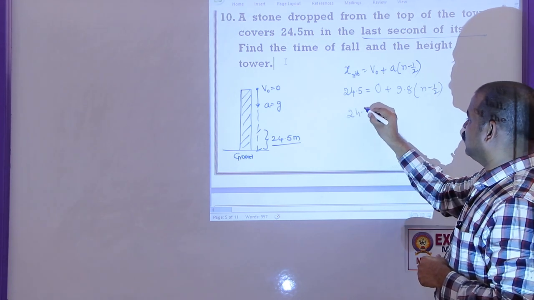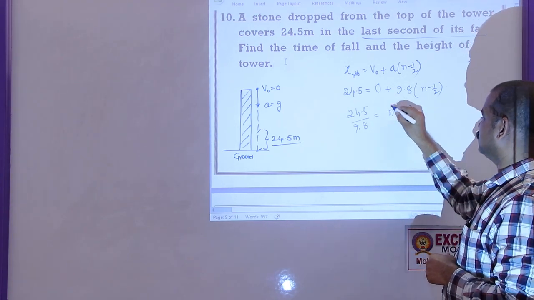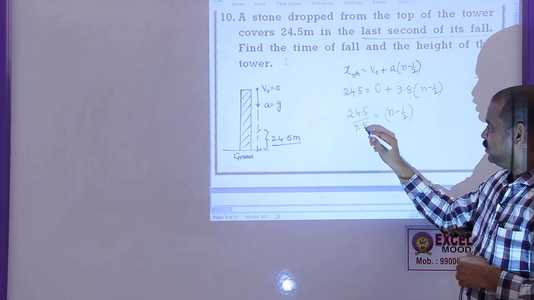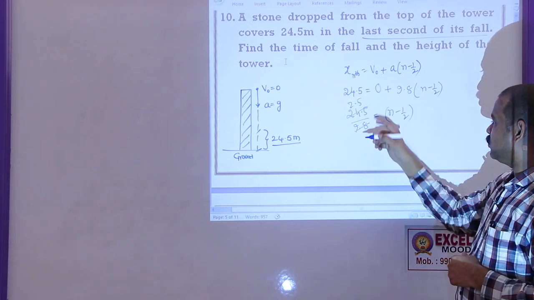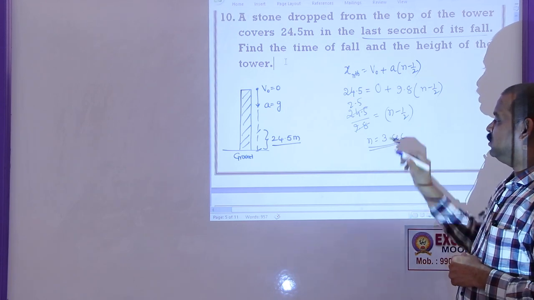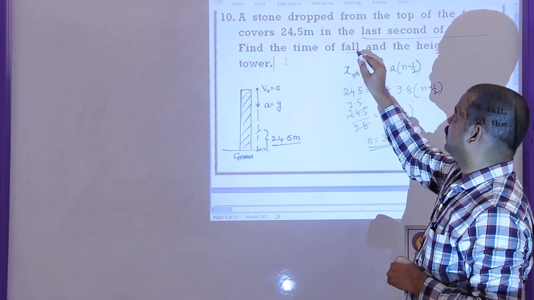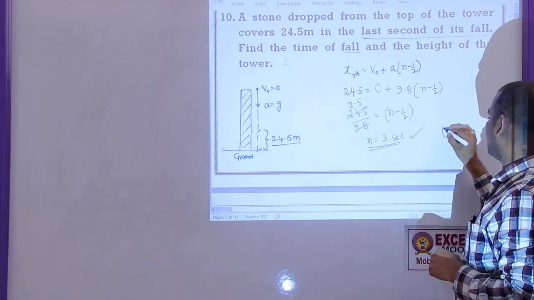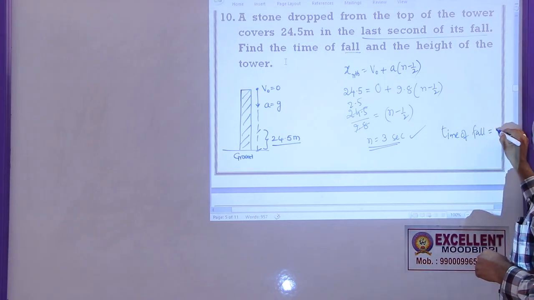So, now this will become 24.5 by 9.8 is equal to n minus half. So, it is clear that this is equal to 2.5. So, n minus half is equal to 2.5, n is equal to 3 seconds. That means, this is the third second. So, what is the time of fall here? 3 seconds. That means it took 3 seconds to reach the ground. Time of fall is equal to 3 seconds.